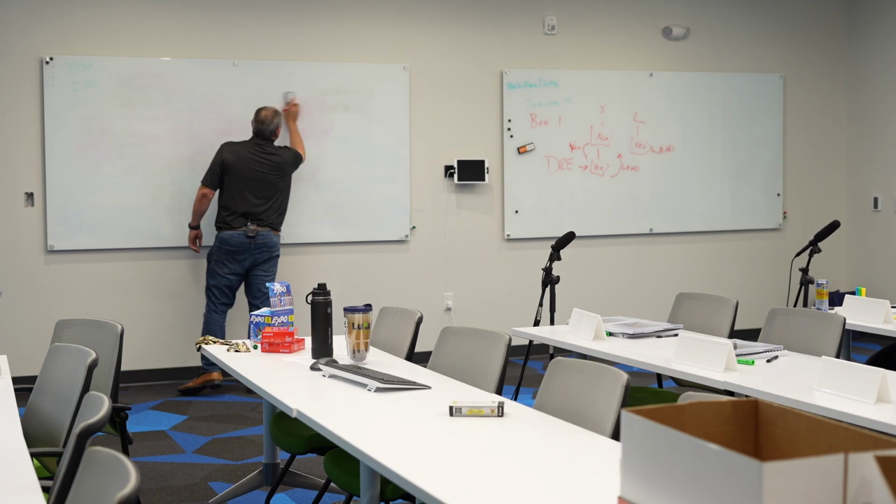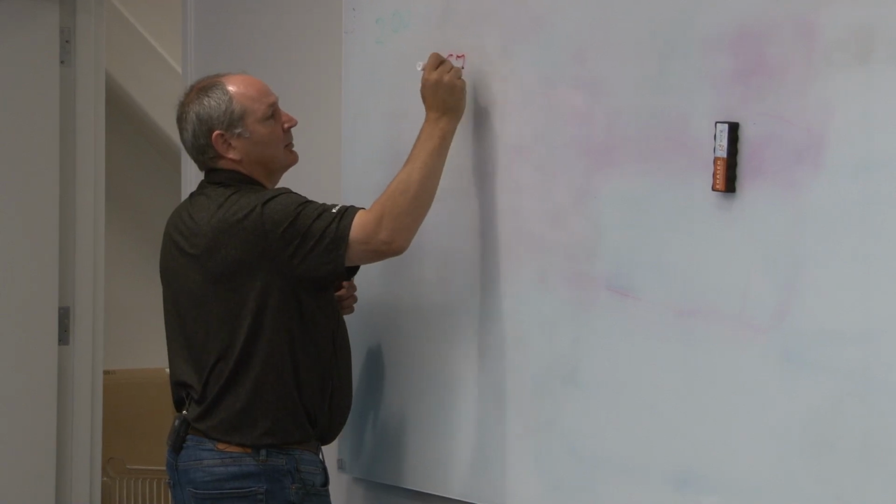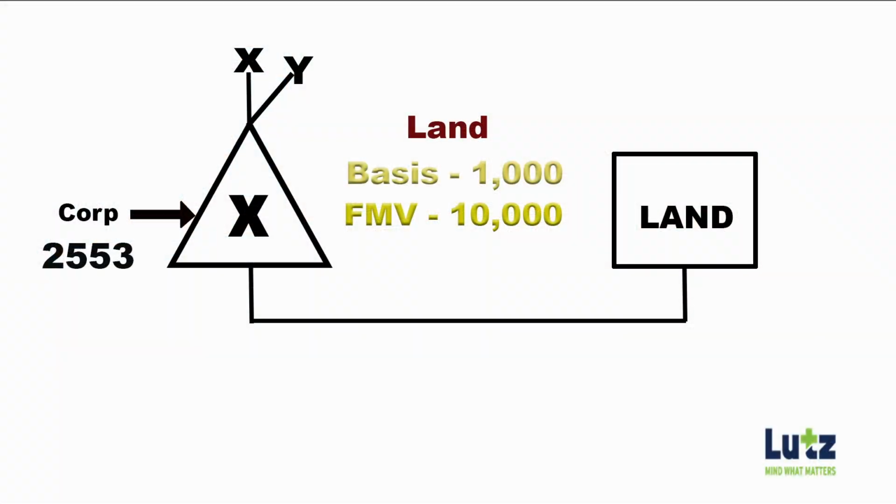Jimmy, what does debt in excess of basis mean? Give me an example. Okay, so the basis of the land was 1,000. Fair market value is 10,000.